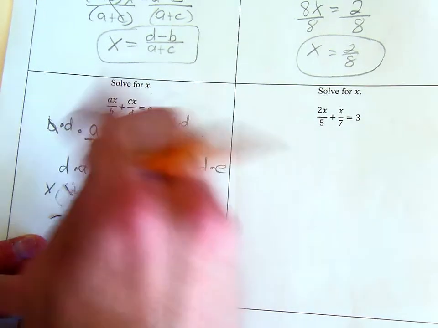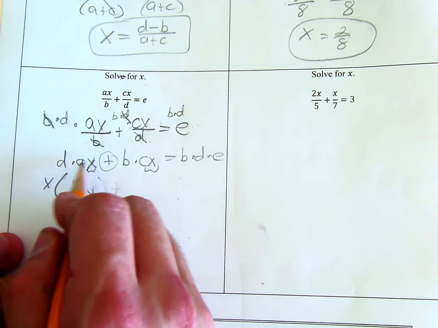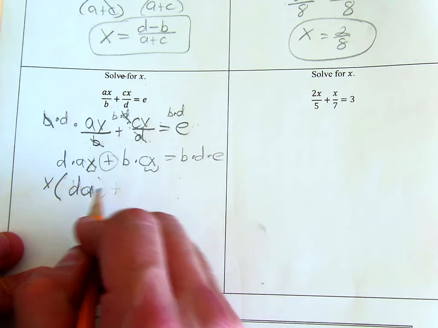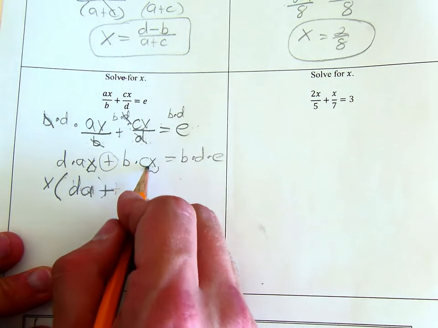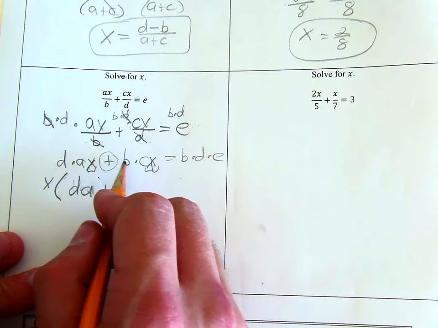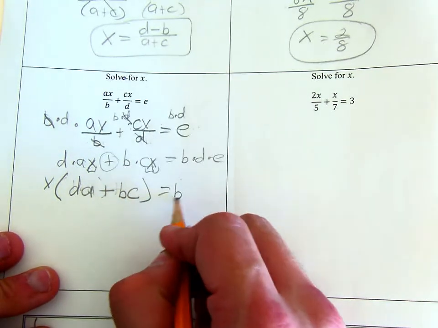I'm factoring out the x. If I factor out the x here, I get da, plus, and if I factor out the x here, I'll just get b times c, or just bc, is equal to bde.